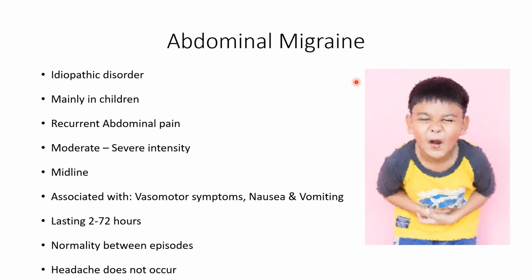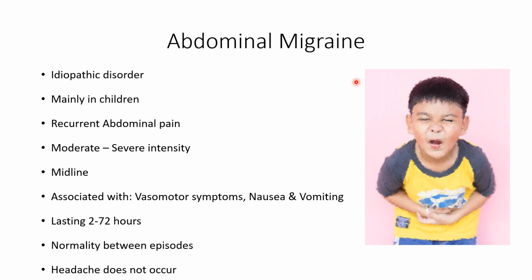The next is abdominal migraine, which is an idiopathic disorder seen mainly in children, associated with recurrent abdominal pain, moderate to severe in intensity, and midline in character. There may be some associated vasomotor symptoms or nausea or vomiting. The abdominal pain usually lasts 2 to 72 hours.